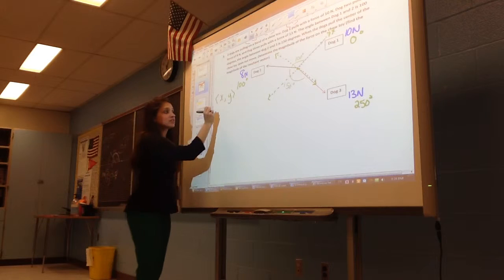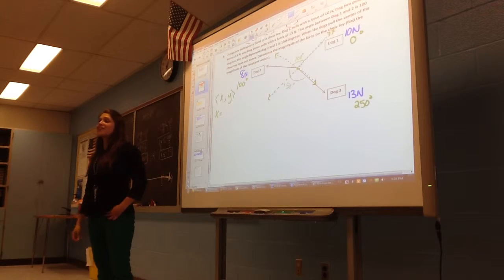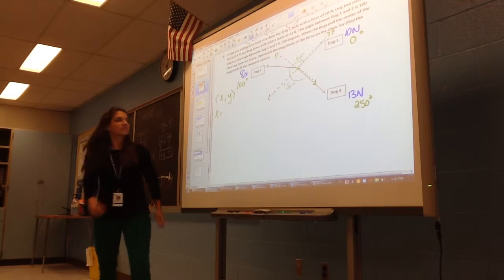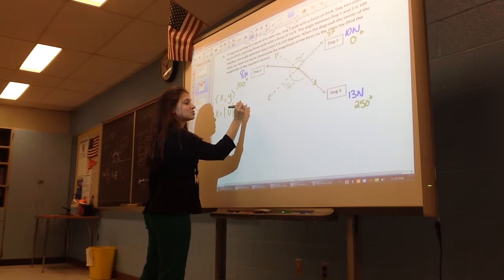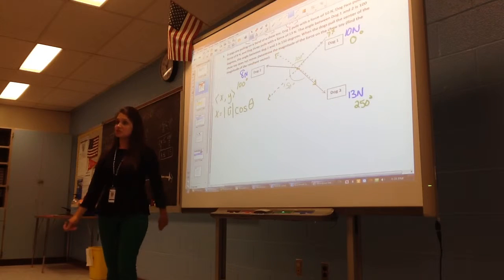And we have formulas for these 2 components. What is the formula for finding the x value, the horizontal component of your vector? Well, I use cosine, but that's not the formula. It's the magnitude times the cosine of the angle. Very good. Magnitude times the cosine of the angle from standard position.